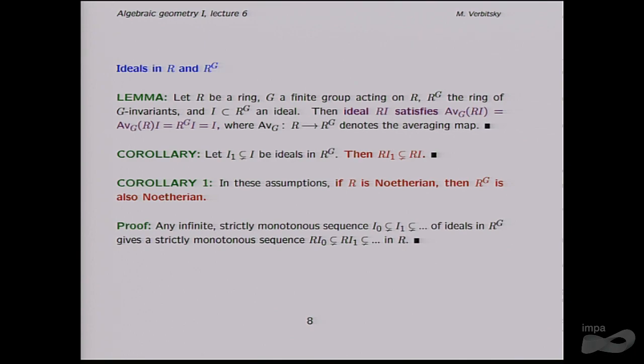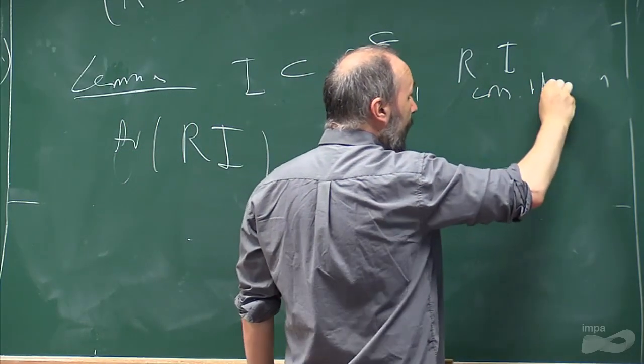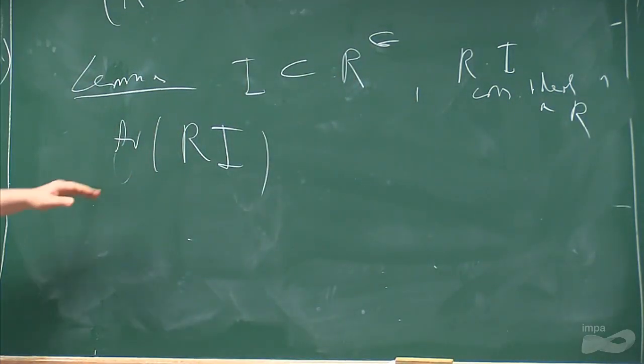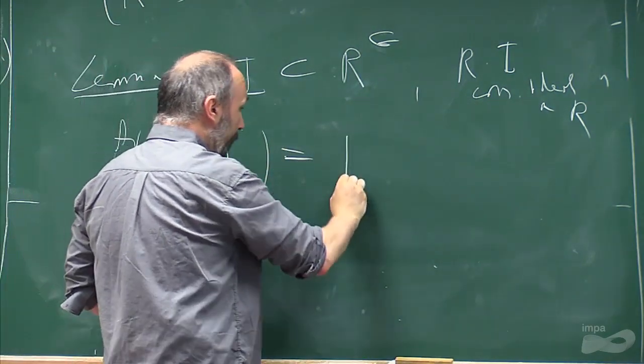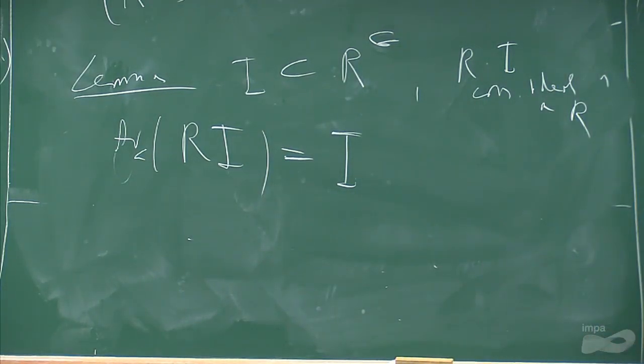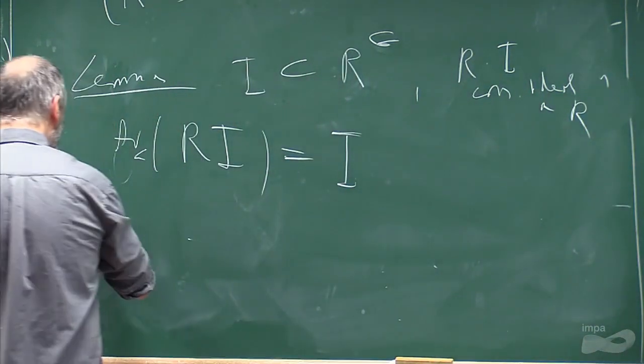So if you have I, an ideal in the ring of invariants, then I take the averaging of RI, where RI is the corresponding ideal in R. I average that with the averaging map. It will be equal to I. The proof is trivial.